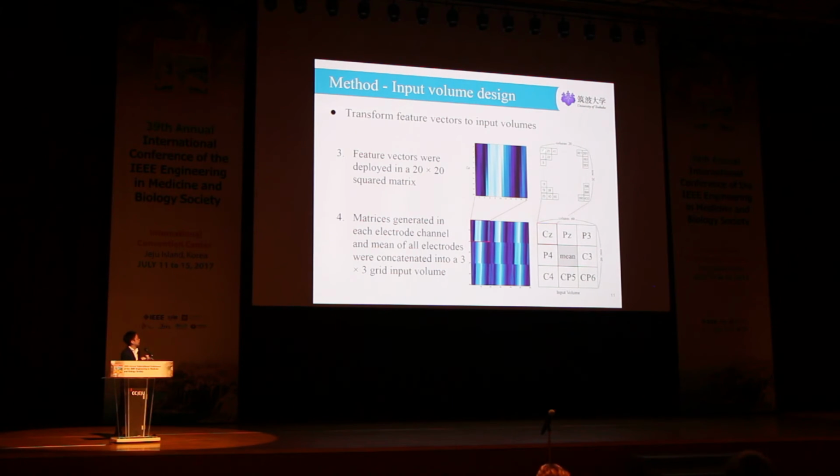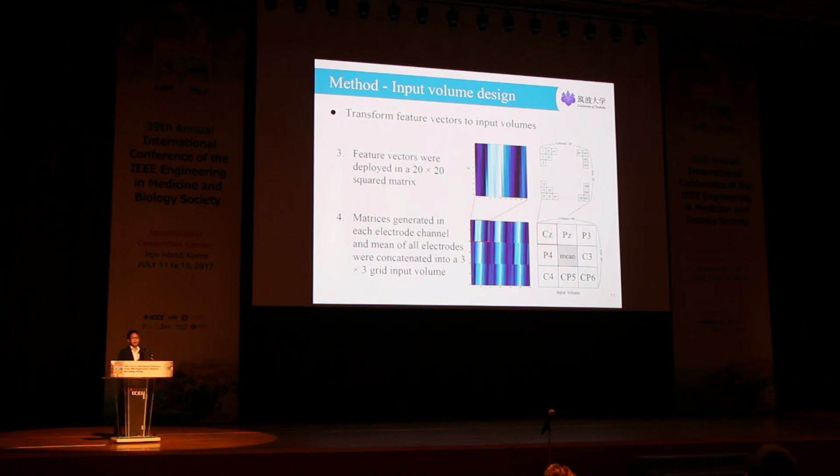For instance, the first column contains the elements number 1 to 20. On the second column, the elements number 21 to 40 are put to create square matrices. And actually, this small input volume is generated from just one electrode.